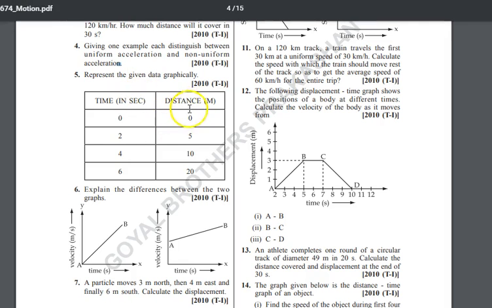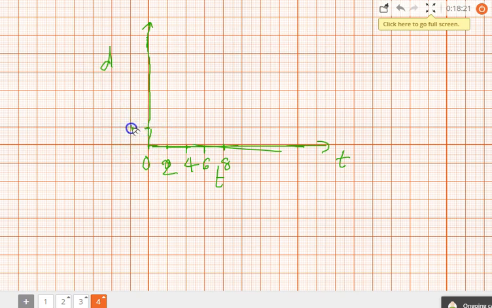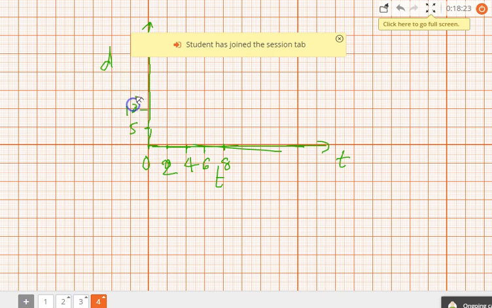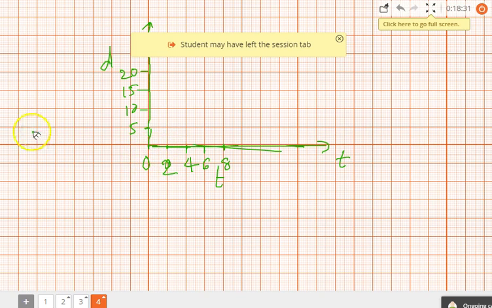Similarly, distances you can observe: 0, 5, 10, 15 is missed over here, 20. So like that they give. If it is 0, that is 0, which means this point.